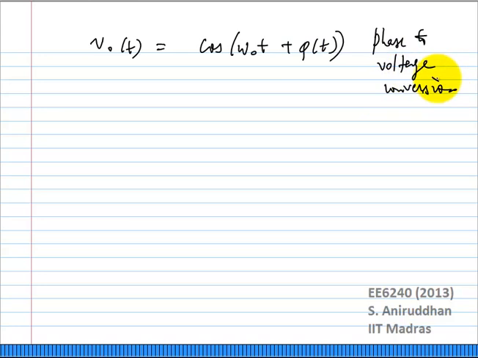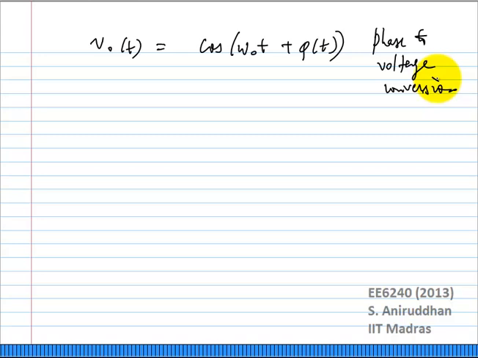Okay, this is your phase to voltage conversion, and remember this is fundamentally nonlinear. Because you have the phase term inside the cosine, and if you really want to find this out, you'll have to make some approximations, this narrowband FM approximation, and you'll have to use the Bessel function expressions and so on. But I'll basically give you the final expressions.